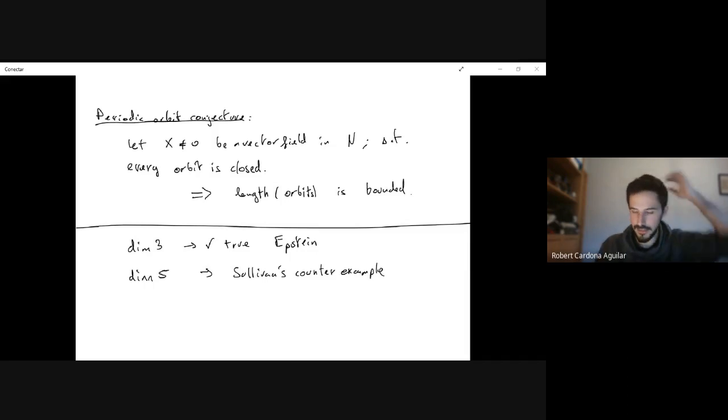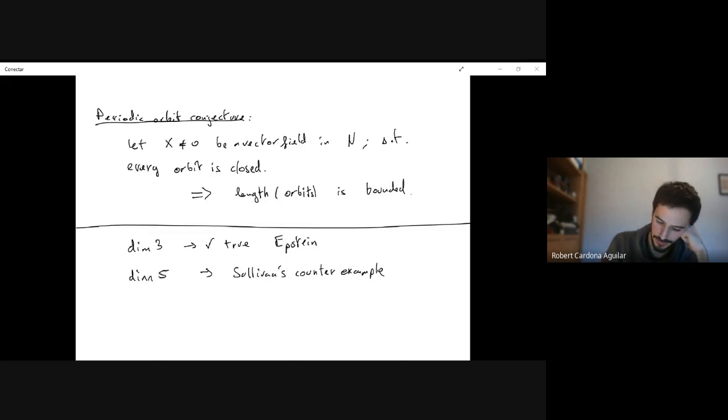And in dimension 4, I think there is also a counterexample, but the first one was by Sullivan. So you can have that the length of the orbit is arbitrarily large, even though it's always bounded for a fixed orbit.